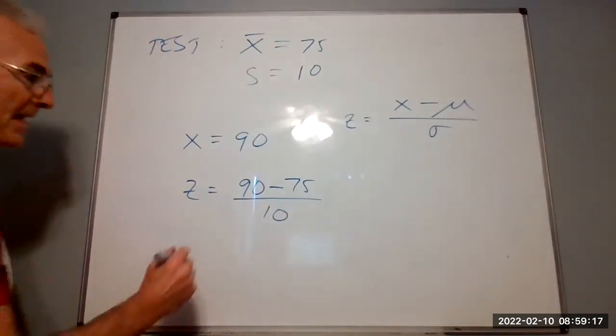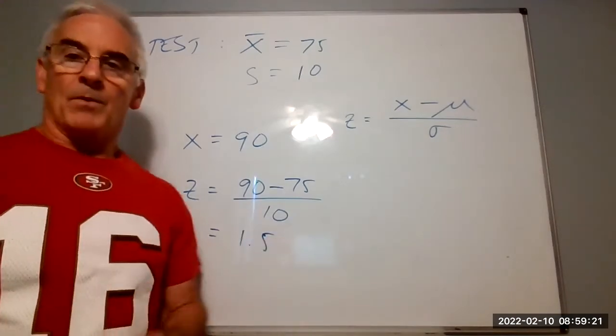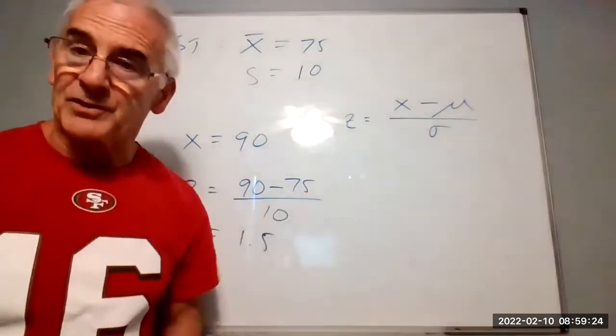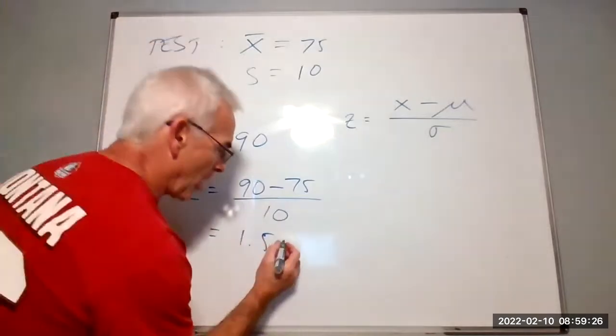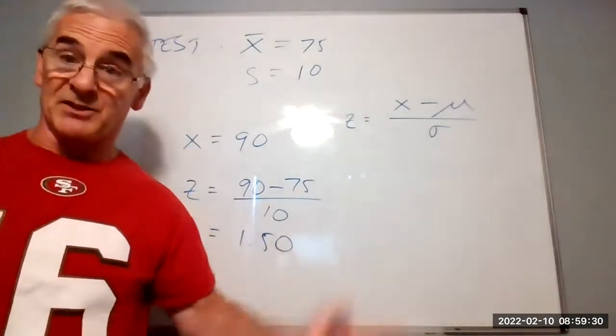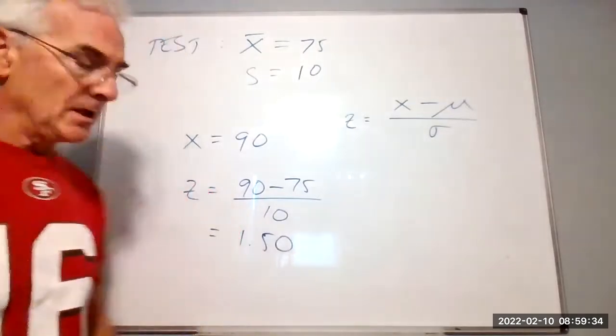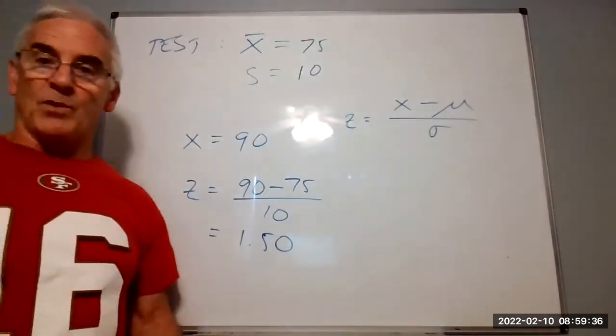That's it. And in this case that would be exactly 1.5. Now, for whatever reason, because we often look these up in tables and stuff, it is common to report z-scores to 2 decimals. You can report it to as many as you want, but 2 is kind of the universal norm that we'll see. So you got a z-score of 1.5.